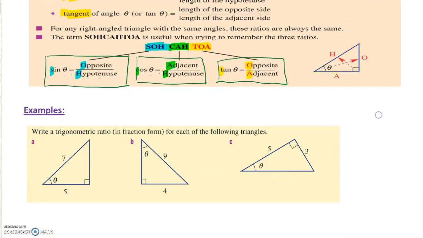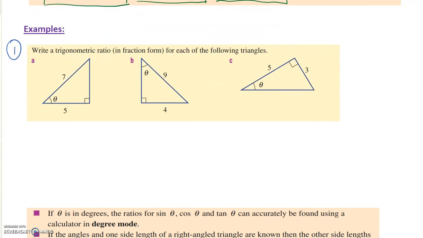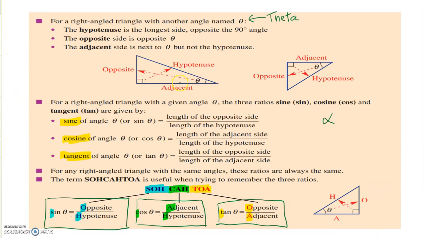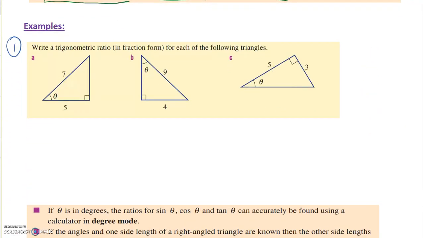All right, let's look at the first one. For the first example, let's see if we can identify the sides. Write a trig ratio in fraction form for each of the following triangles. As you look above, in each of the triangles we have tried to identify the sides first in relation to the angle that is given. Very, very important. The first thing you do is look for the angle that's given.